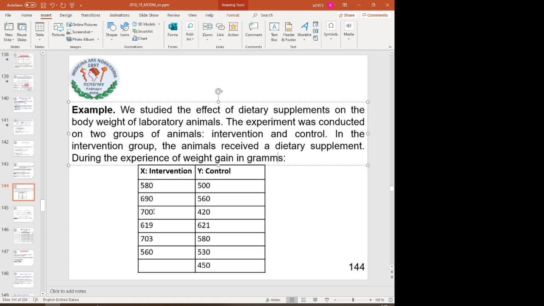Intervention group is from half a kilo to 700, and the control group is from 400 grams to a maximum of 621. So we say that the intervention group has bigger weight, but whether this difference is statistically significant or not is a question, because we have only 6 animals in the intervention group and only 7 animals in the control group.